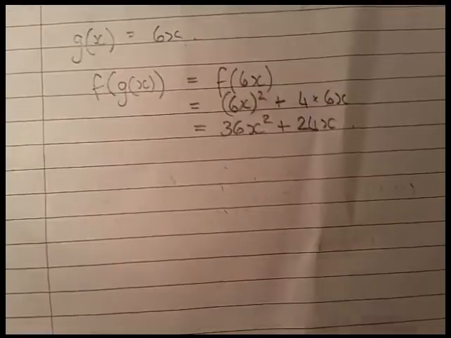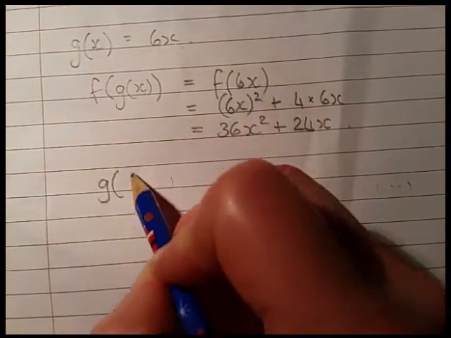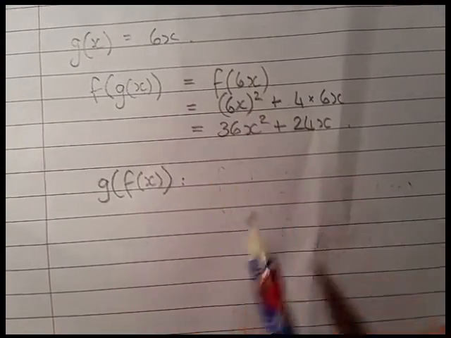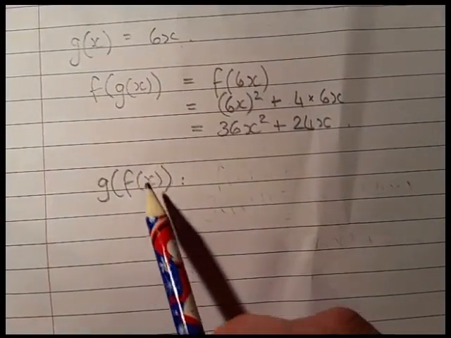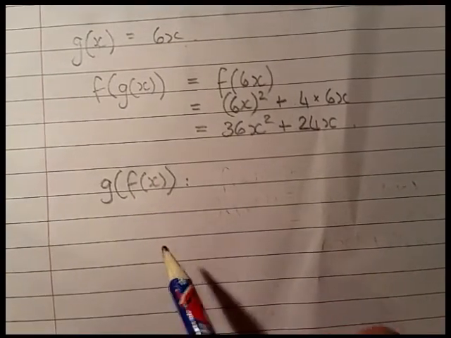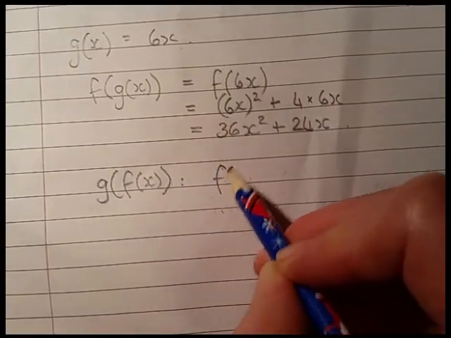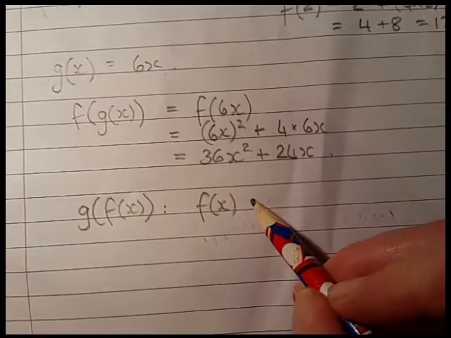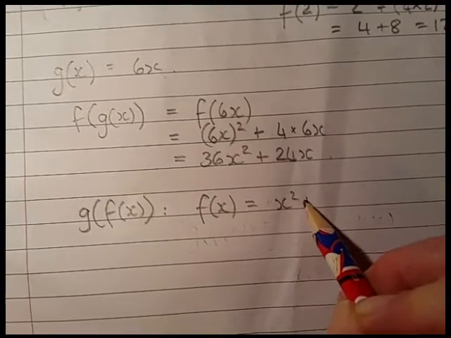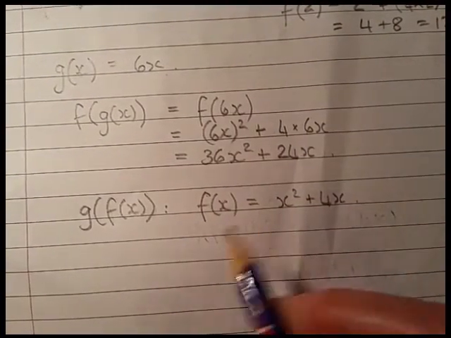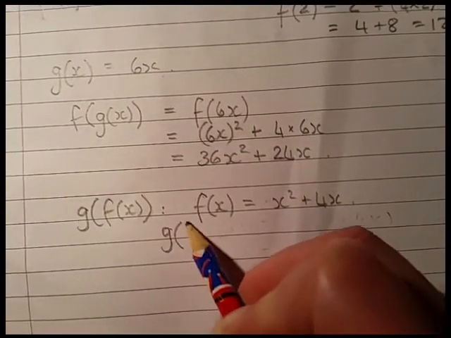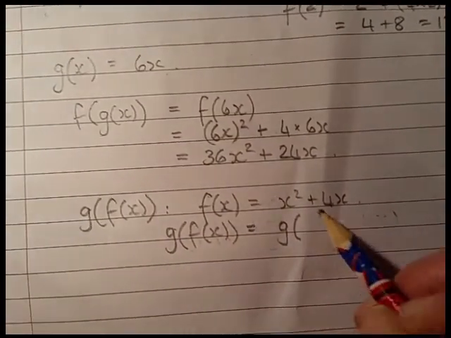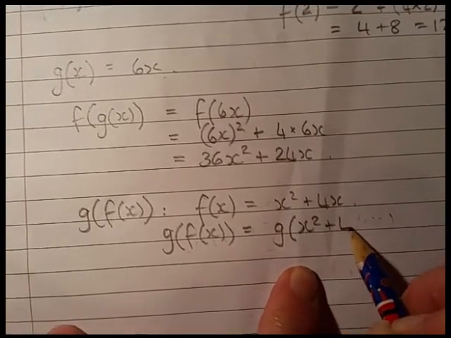Okay, let's look at doing it the other way around, g of f of x. So the first thing we need to do is to work out what f of x is, because that's what we then want to put into the function g. So f of x, we know, we defined f of x as x squared plus 4x. So that's what f of x is. So g of f of x is g of x squared plus 4x.